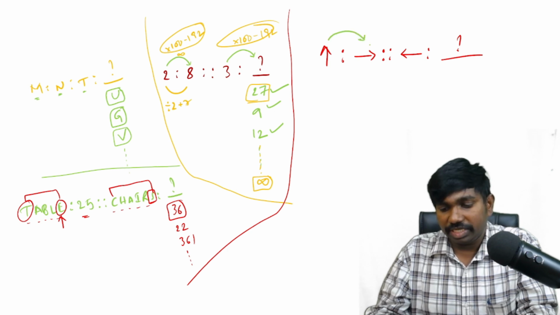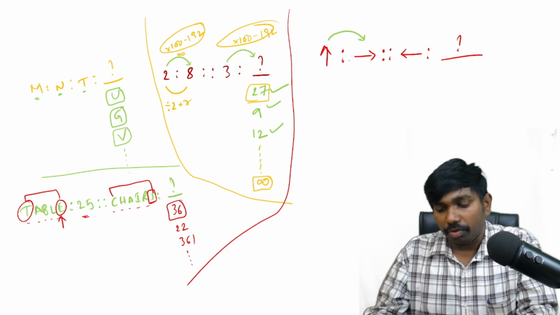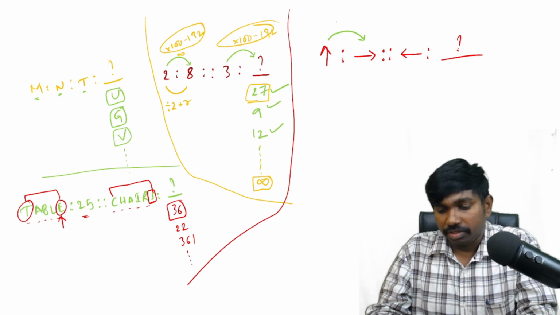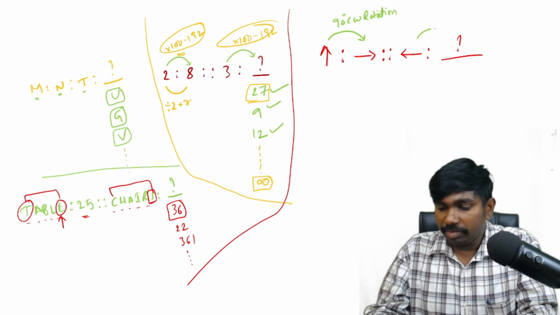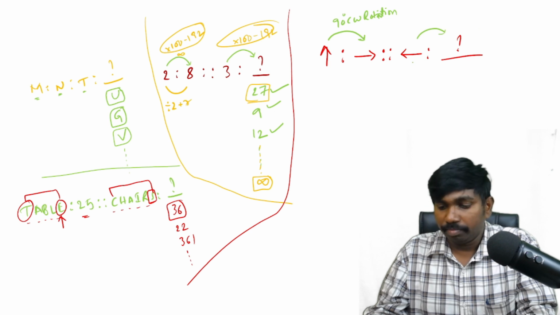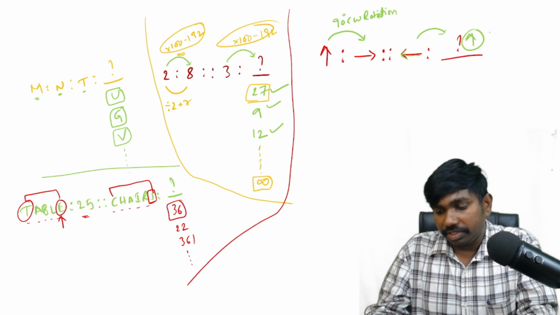We have to apply the same relation. It is rotated. Rotated by how much? Rotated by 90-degree clockwise direction. So simply 90-degree clockwise rotation is the logic. Apply the same thing here also and get the answer. So if we apply the same 90-degree clockwise rotation on this arrow, we'll get up arrow. So the answer is up arrow.